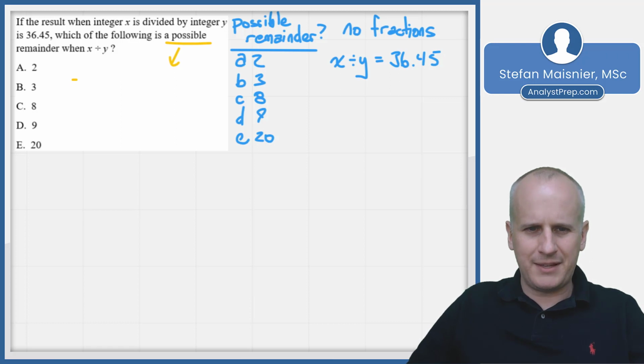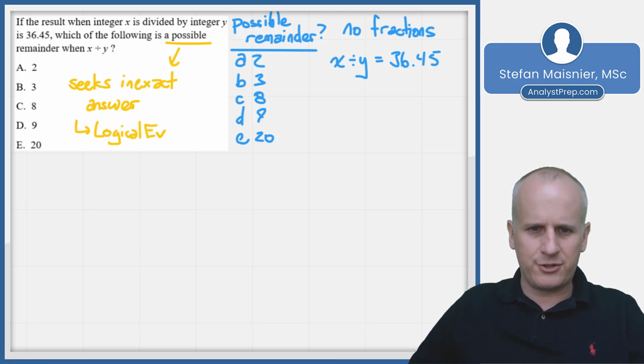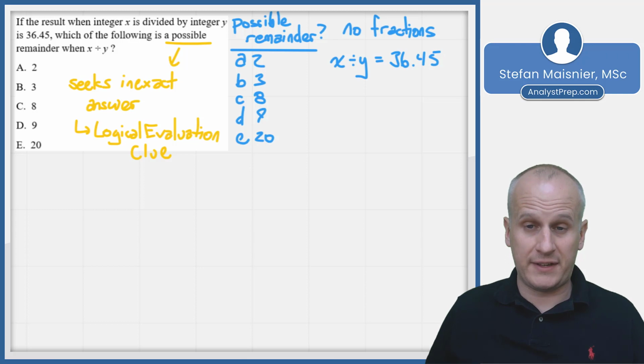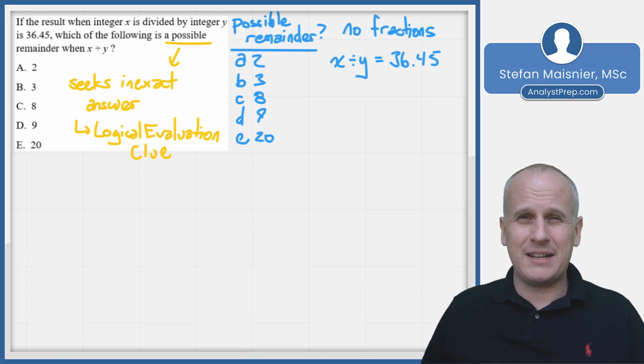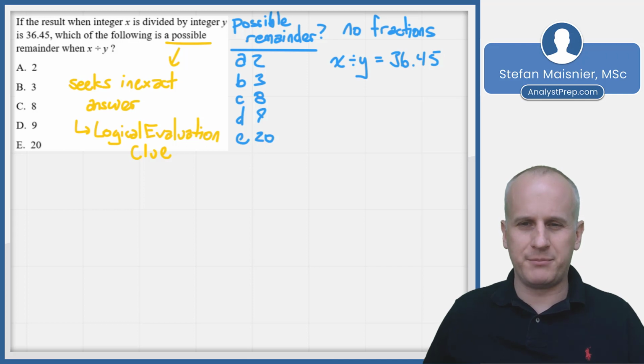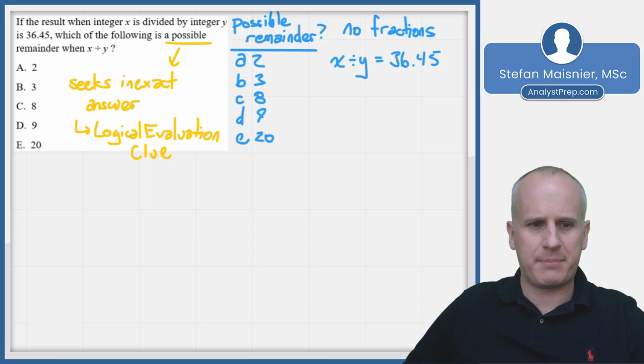So this problem is seeking an inexact value or answer. And if that's the case, we have a logical evaluation clue. Because when you're being asked for what is possible as opposed to what is definite, you are potentially being tasked with deconstructing what's happening in the problem so that you can show a mastery of just how the numbers work. And that's what's happening here.